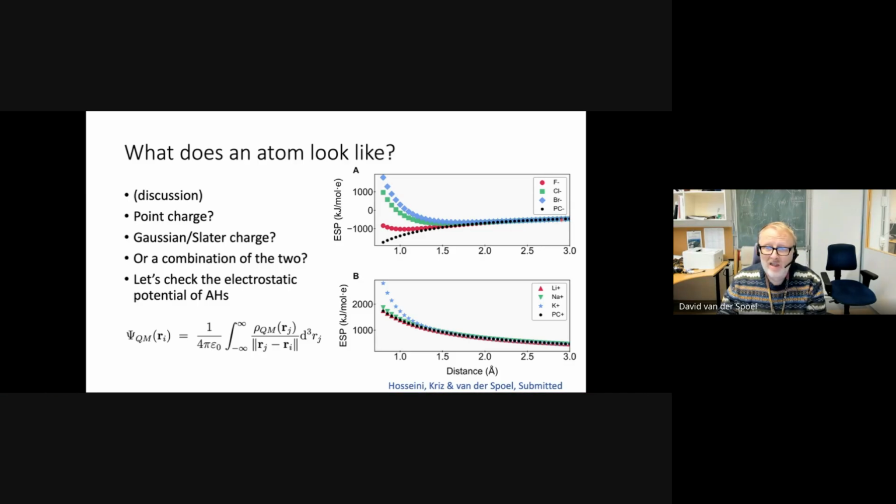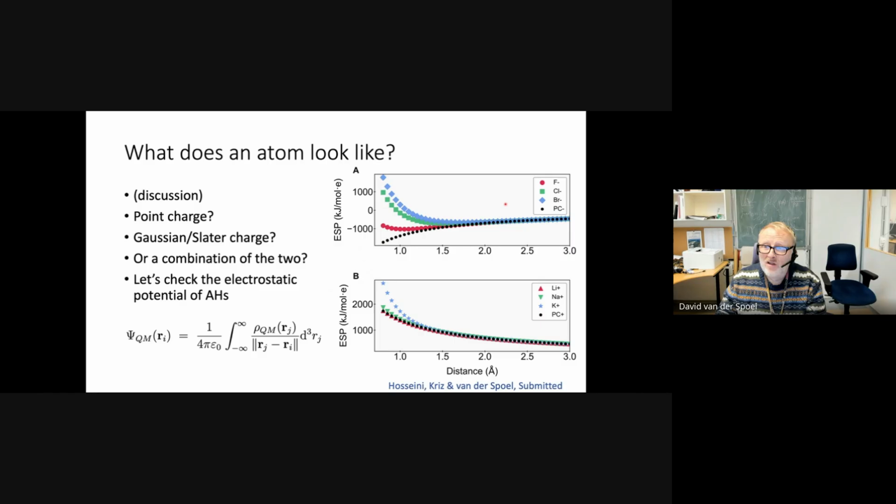The math is quite easy. Now, if you go closer and closer, then the electrostatic potential of the negative point charge will go to minus infinity. However, this is not what happens in reality.